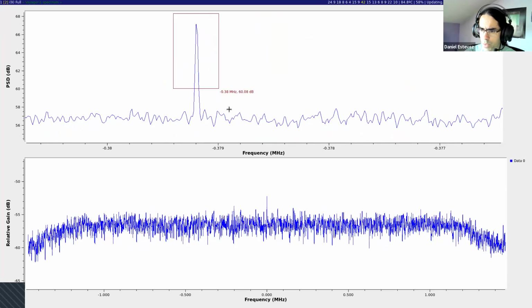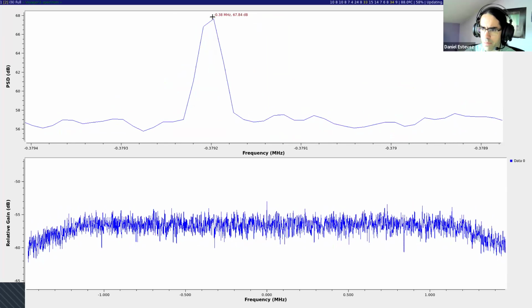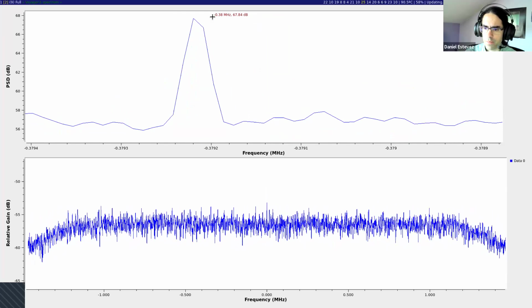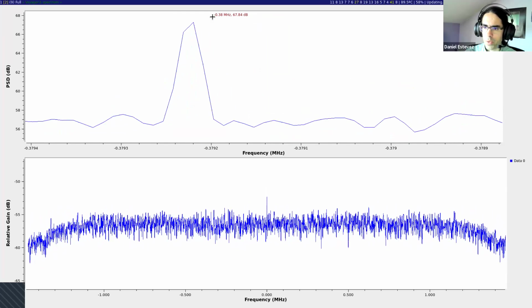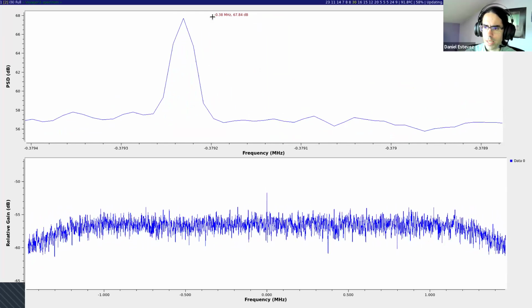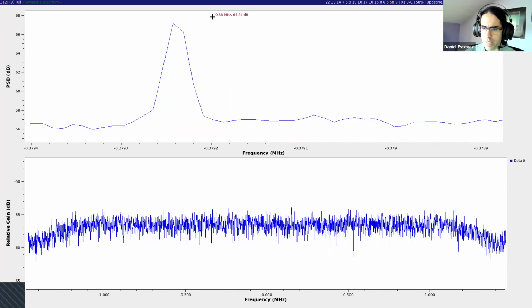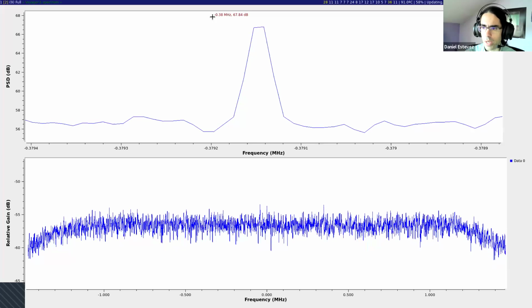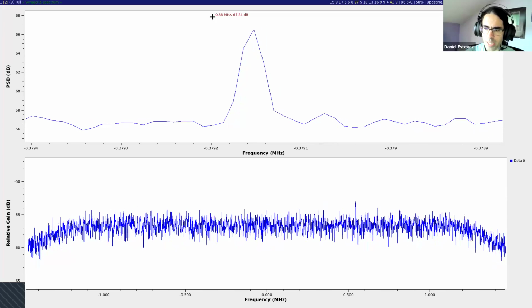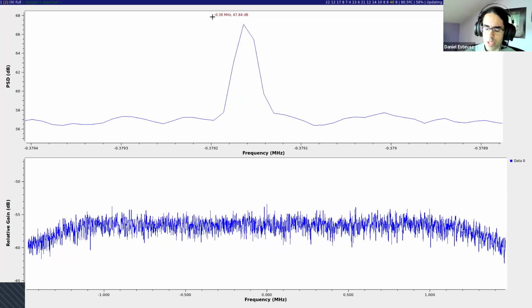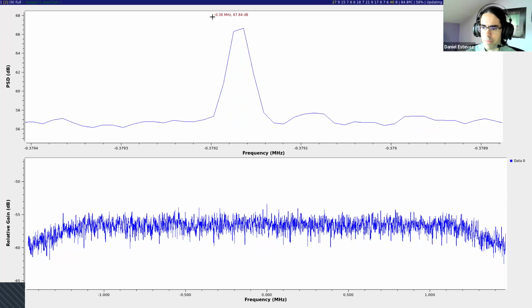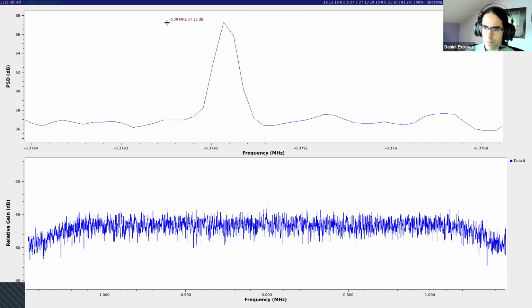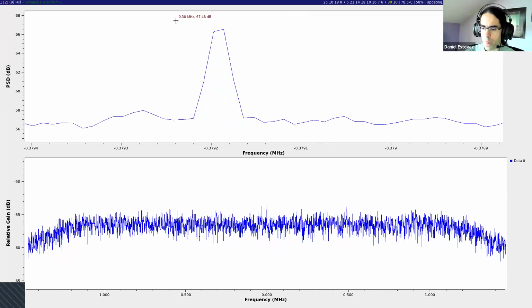What else can we see? If I zoom in to this one, I'm going to place my cursor here, and you can see it slowly shifting down in frequency. And I'm going to leave it there for a while. At some point, the recording will just come back to the beginning, and it will jump in frequency. So now I'm playing the recording again from the beginning, and it has jumped in frequency. So you can see that over the 5 minutes that the recording has lasted, the signal has moved about this much.